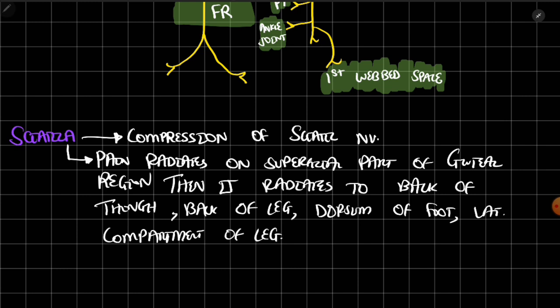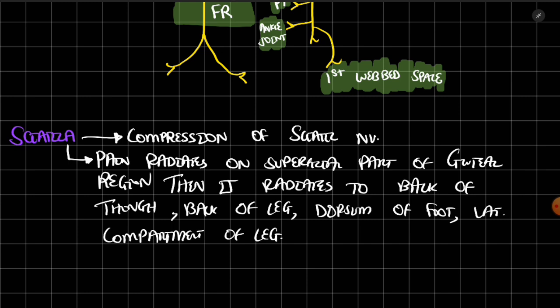Some muscular loss can also be seen in very advanced cases, for example if the sciatic nerve is very much compressed, then motor loss of the muscles can also be seen.